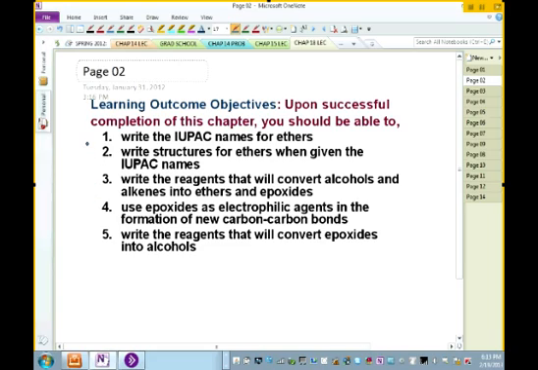In other words, you should be able to write the IUPAC names for ethers, and write the structures of ethers when given the IUPAC names. Also, you should be able to write the reagents that will convert alcohols and alkenes into ethers and epoxides. So I urge you to come back to this slide to make sure that you understand all of the concepts here.